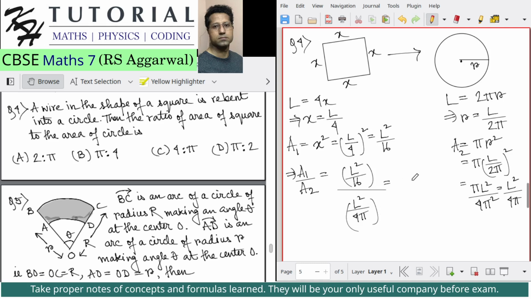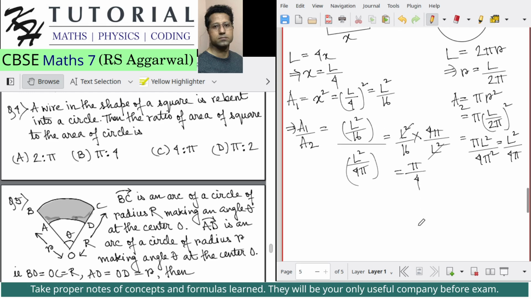This is equal to L squared by 16 multiplied by 4 pi by L squared. L squared cancels out, and this is equal to pi by 4.